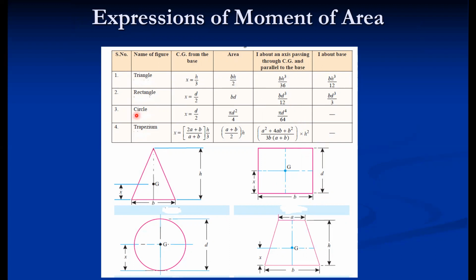So BD cube. For a circle, it is pi/64 d⁴. If it is a half circle, it is pi/32.